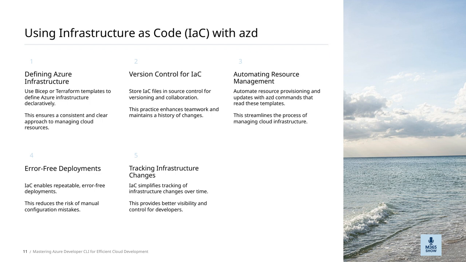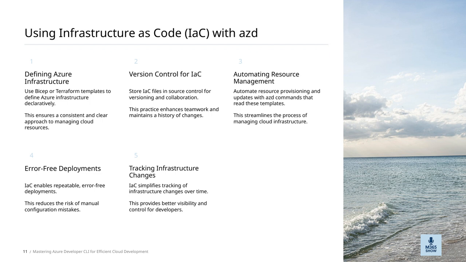It's also essential to store your ISC files in source control. This practice not only helps with versioning, so you can track changes over time, but also enhances collaboration among team members. Everyone can work together more effectively, knowing they're referencing the same baseline.